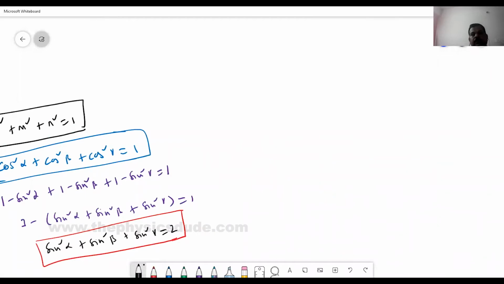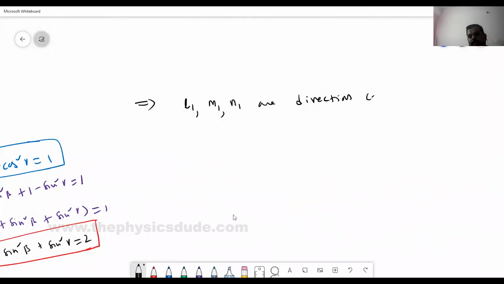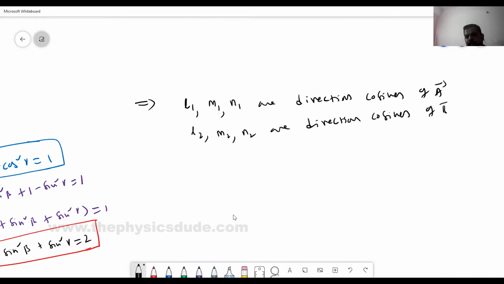Suppose we have two vectors. l1, m1, n1 are direction cosines of a bar, and l2, m2, n2 are direction cosines of b bar.